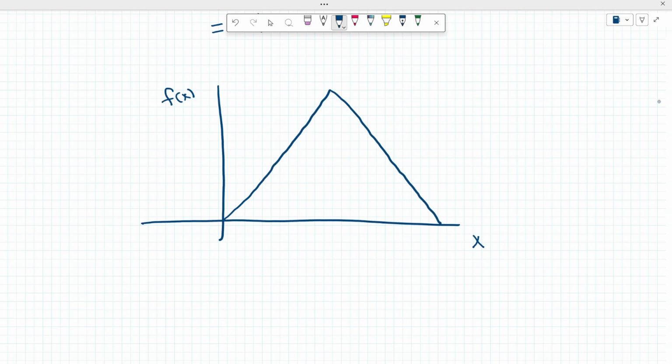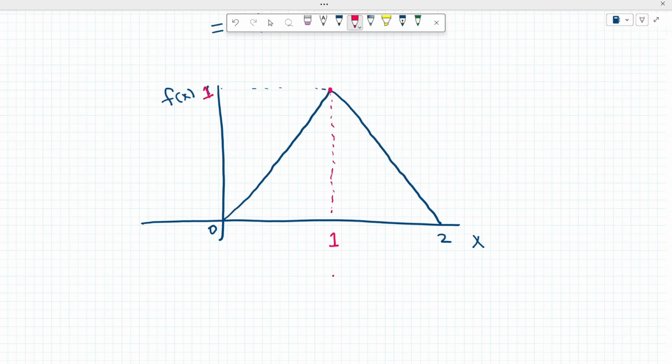So at its peak over here, the function has a value of 1, and we know that it goes from values of x from 0 to 2, and it is 0 otherwise. So we can see here that it reaches this peak when x is equal to 1, and that the peak has a value of 1.